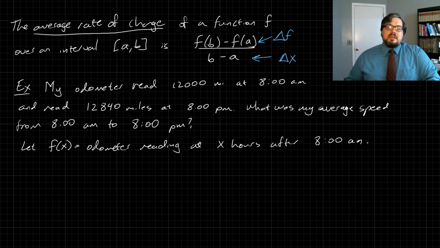So if we want to find our average speed, it is going to be the distance that we traveled divided by the time that it took us to do that traveling.